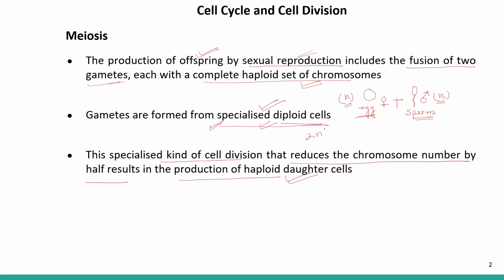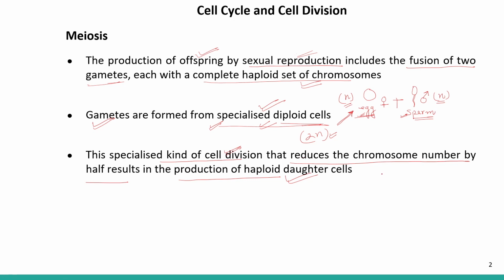So these specialized cells are diploid. It has 2n, meaning two sets of chromosomes. But when it forms gametes, whether an egg, that is a female gamete, or a sperm, that is a male gamete, they produce haploid cells. Those are called gametes. So they undergo a special type of cell division that reduces the chromosome number by half.